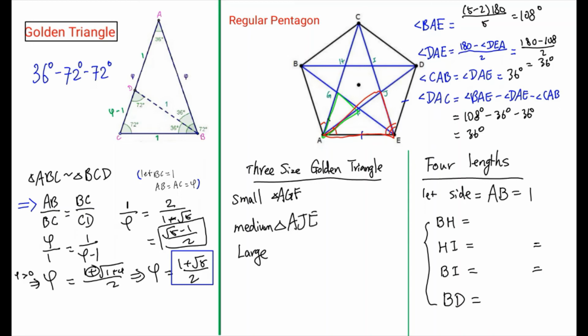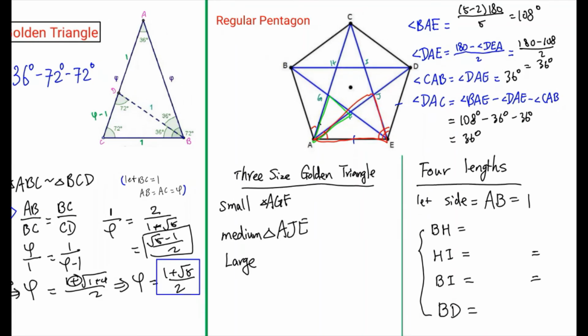A large triangle is one like triangle ACE. There aren't any other sizes of these triangles, but it's interesting to know that in a regular pentagon, you can have so many golden triangles in it.